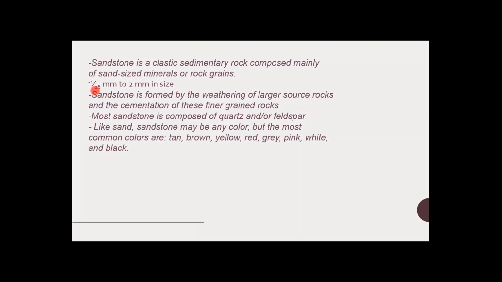So sandstone is usually formed by the weathering of larger rocks. Like we talked about earlier, rocks that are weathered are brought down to the coast, usually through rain or through rivers. As they move towards the coast, they're compacted and cemented together. And there are different kinds of materials that can act as cementation.